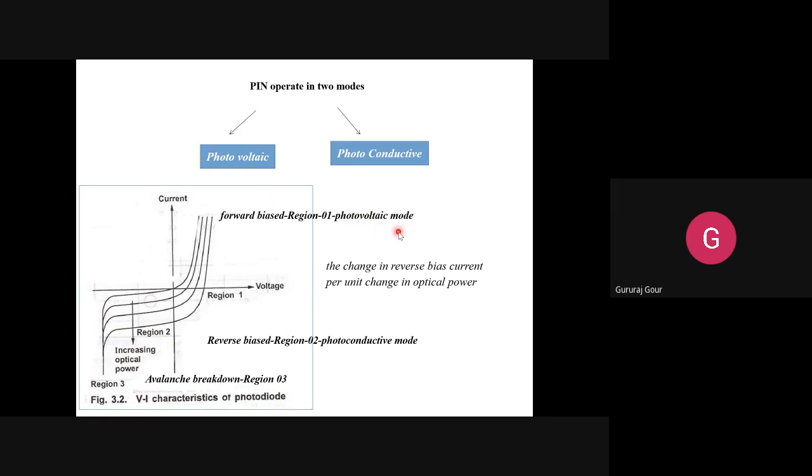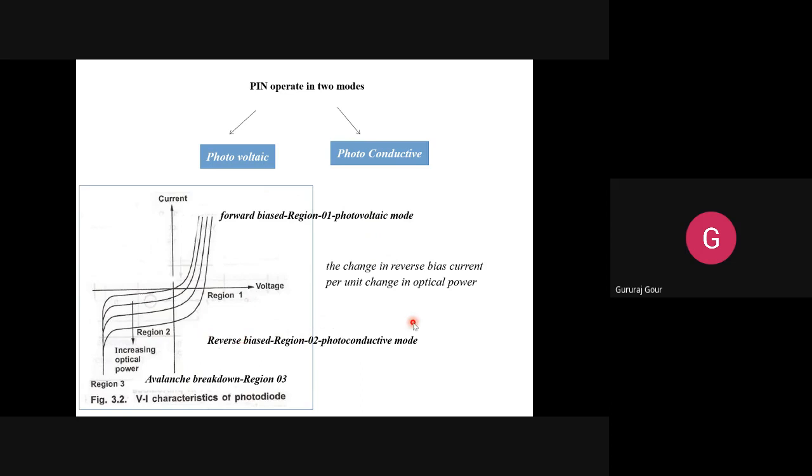That is photovoltaic: majority carriers, fewer photons. In photoconductive mode, most of the conduction is happening because of the photons. That happens in the reverse bias mode.